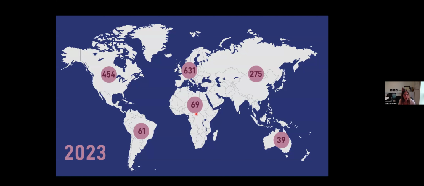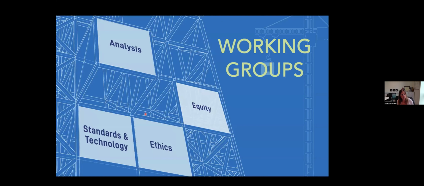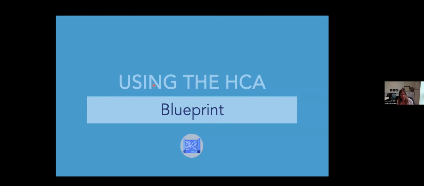There are still places. If you look at the Human Cell Atlas website, you can see that now we have over 3,000 members from almost 100 countries around the world. We're organized into working groups in terms of the technologies and analysis and ethics and equity, and also biological networks.